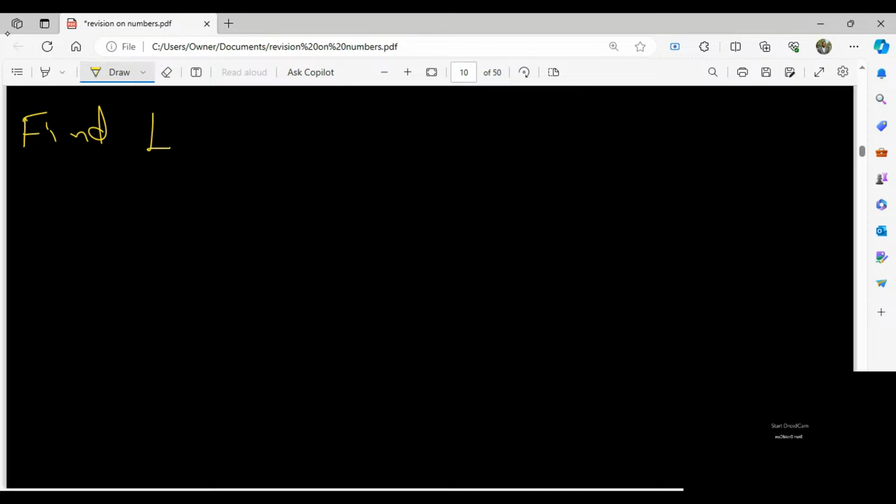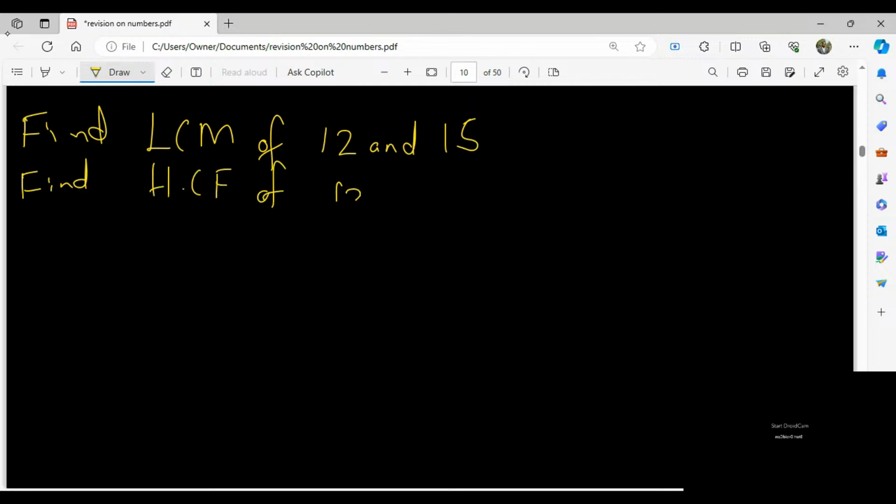Find the lowest common multiple of, let's say, 12 and 15. Again, maybe a question can also say find the HCF of 12 and 15. All right, let's say this one is part A, this one is part B.